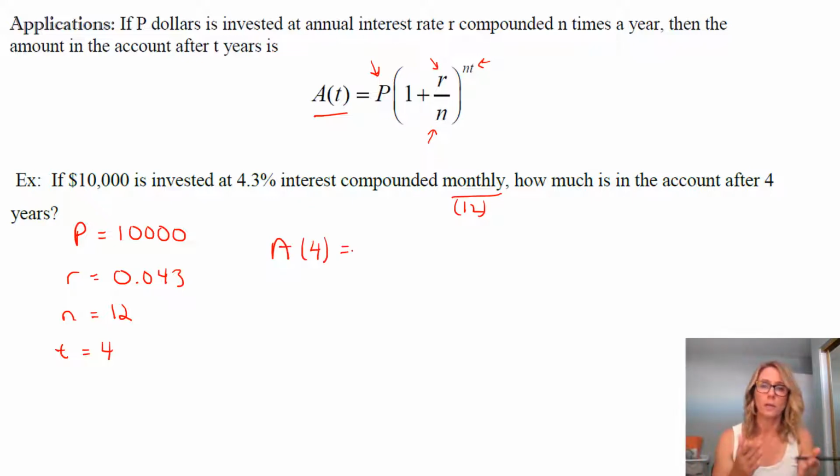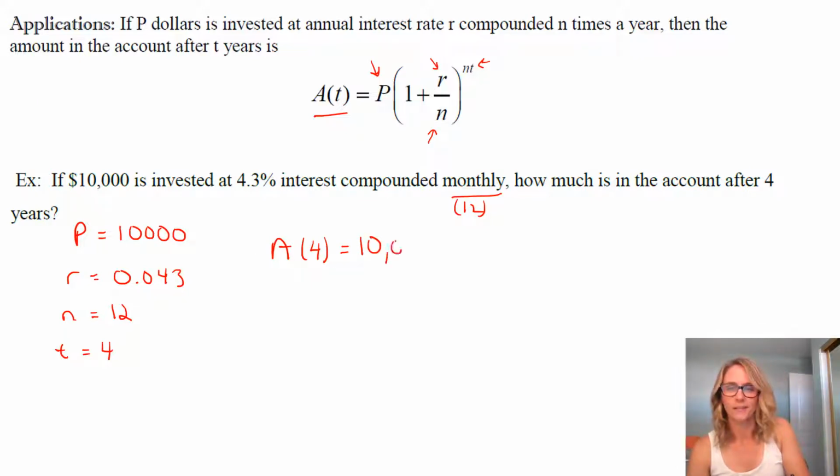So you're welcome to pause, see if you can plug those values into the correct spot, and then use your calculator and see what value comes out for you. All right, so I'm going to have 10,000 times parenthesis 1 plus 0.043 divided by n, which is 12, raised to the 12 times 4.